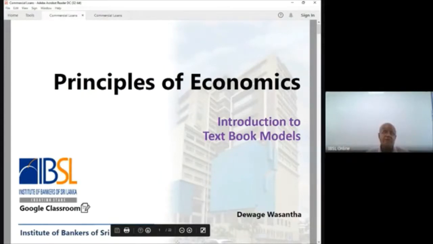Theory works. Another reason why you can't see these applied models: textbook models and the applications are different, because in the real world situation, everything changes. For example, theory of demand. We discussed there is a negative relationship between the price of a good and the quantity demanded when other factors are held constant. That is the theory.